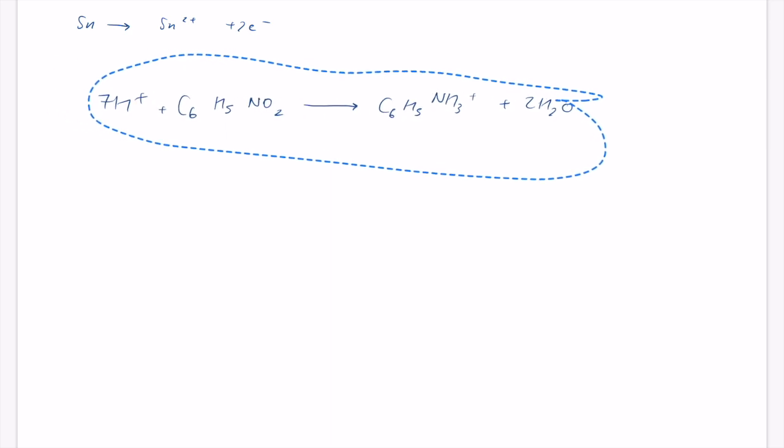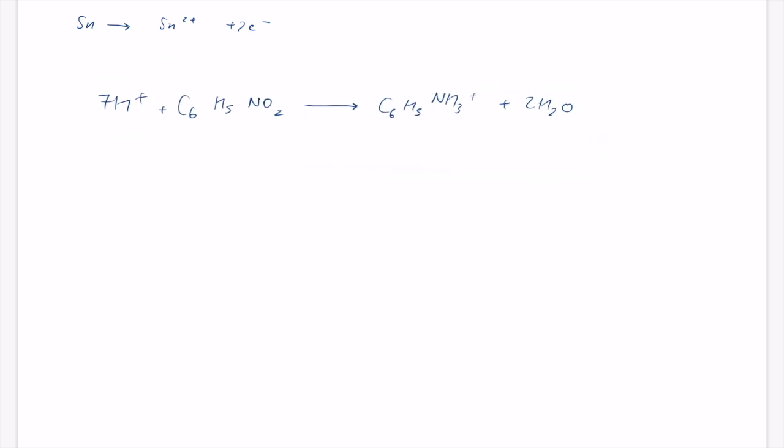So we have 7 H+ on this side, so 7 plus. We have a plus 1 here, so we need 6e- here to balance that out. Now we need to make sure the electrons cancel out. So to get the 6, we need to multiply by 3. Then we can cancel out.